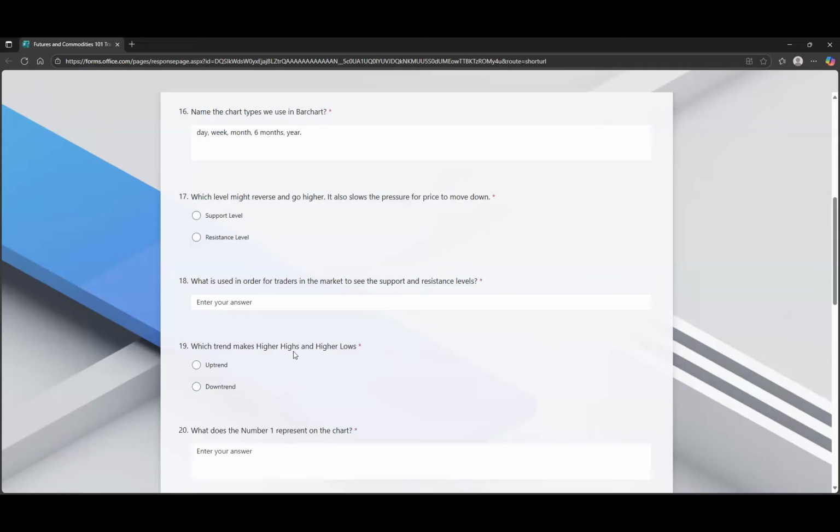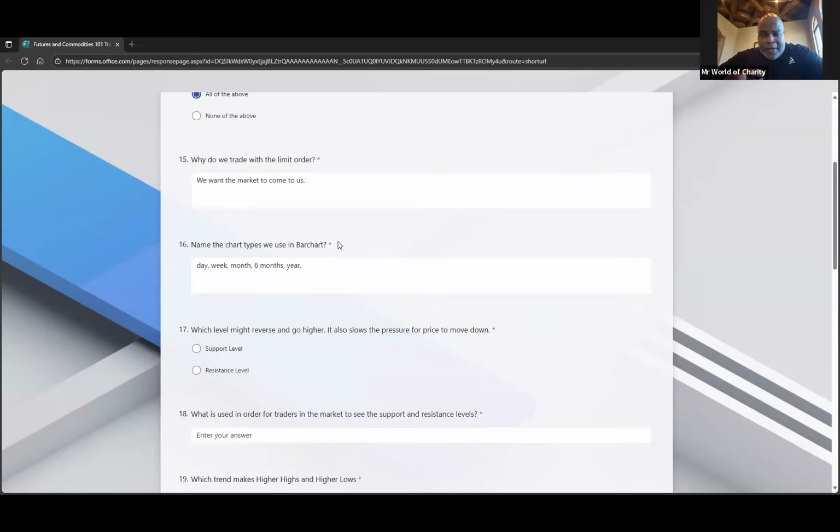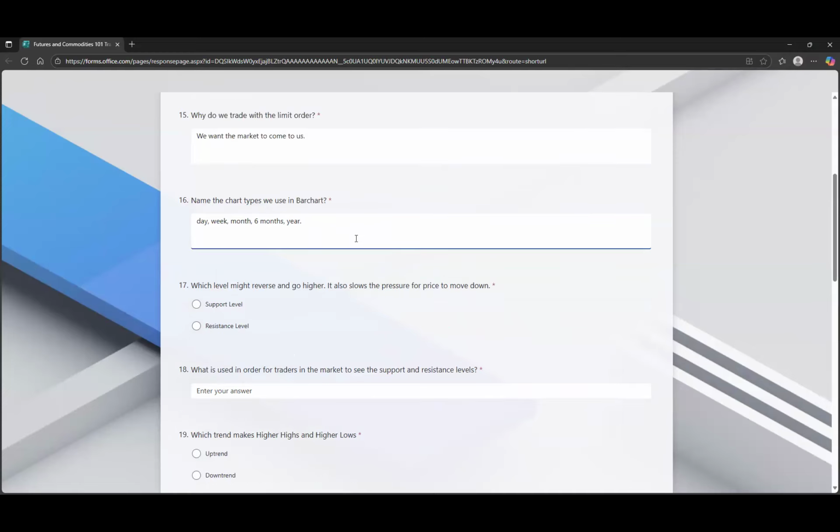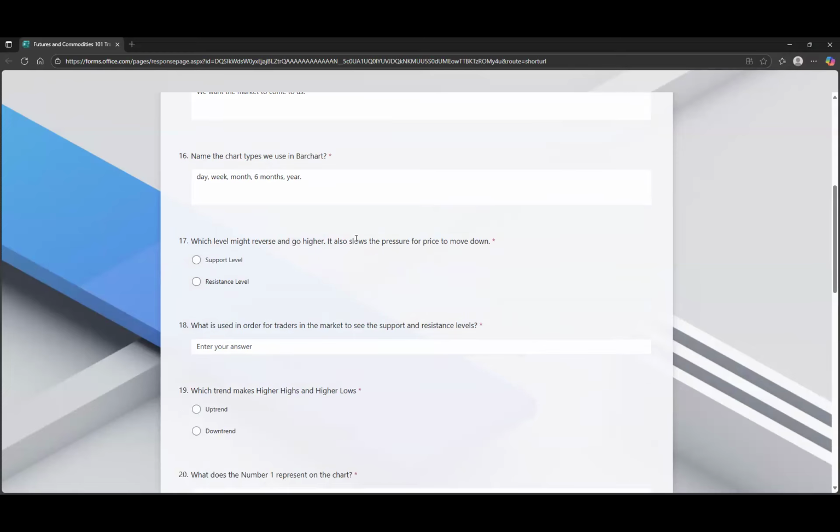Which level might reverse or go higher? It also shows the pressure for price to move down. One second, John, if you don't mind. Did everybody understand the answer to the last one? I see what was being asked. I want the answer to the last one, please.